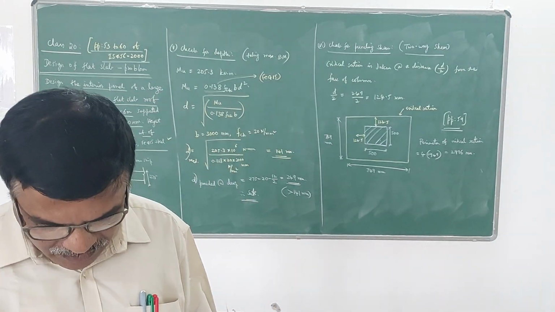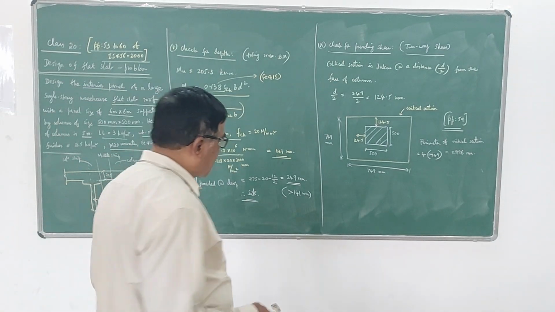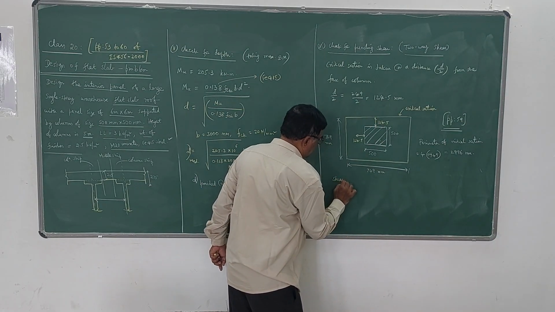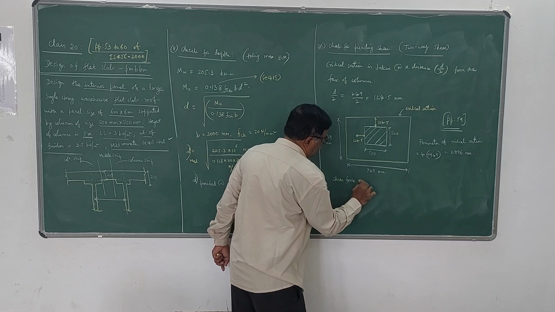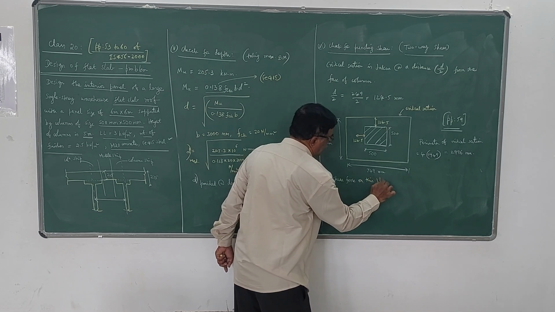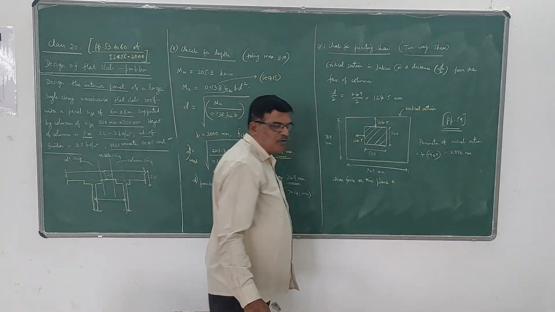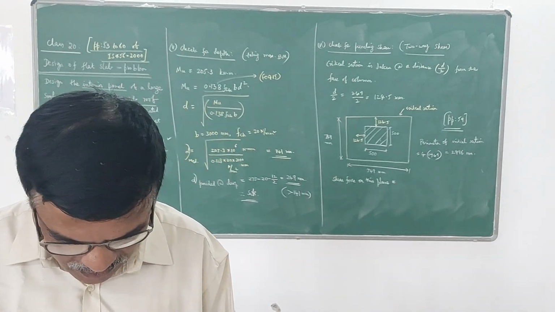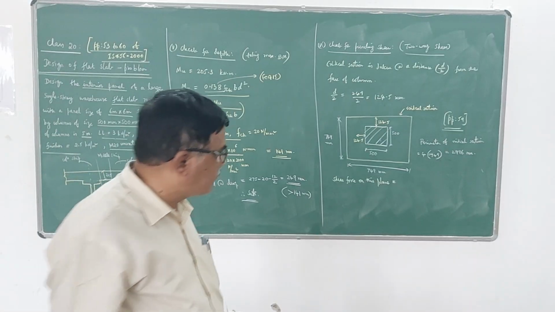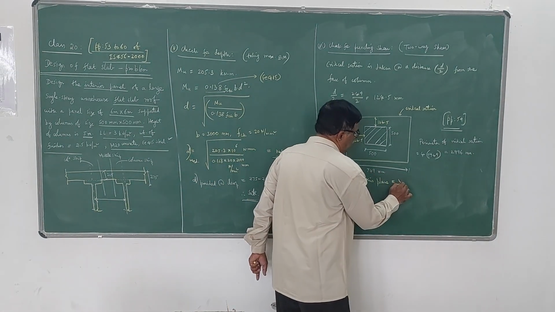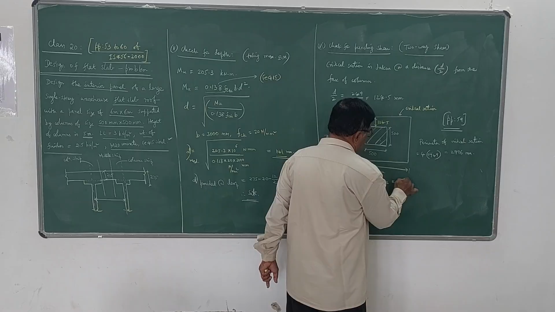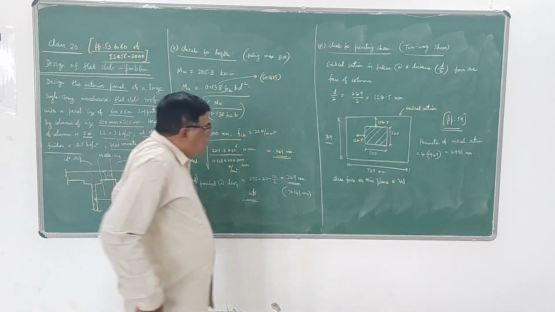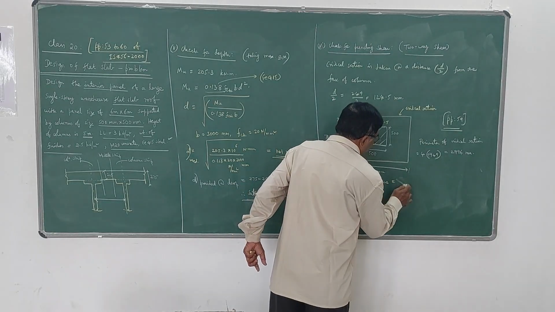Next we have to calculate the shear force on this plane. So what is the shear force on this plane? It is given by whatever load you have got earlier. What was the load? Not WU, sorry, W. W was 18.56.